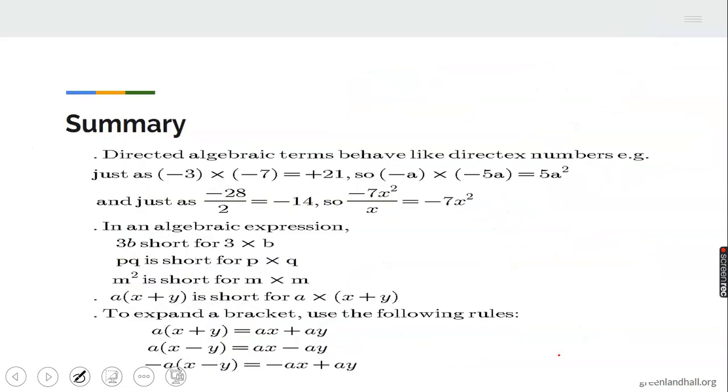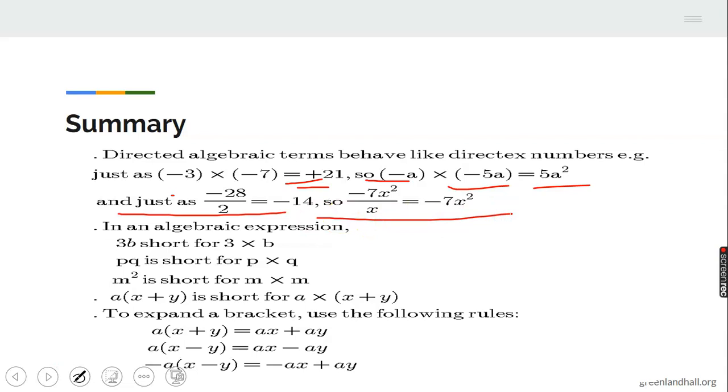Now, summary. Directed numbers: algebra terms behave like directed numbers. For example, just as minus 3 times minus 7 equals plus 21, so minus 8 times minus 5a equals 40a. And just as minus 28 divided by 2 equals minus 14, so also this.